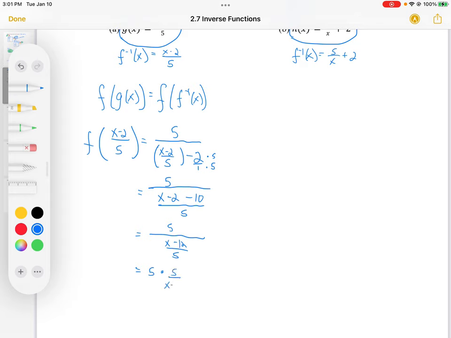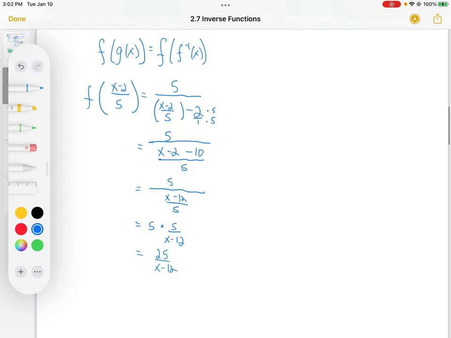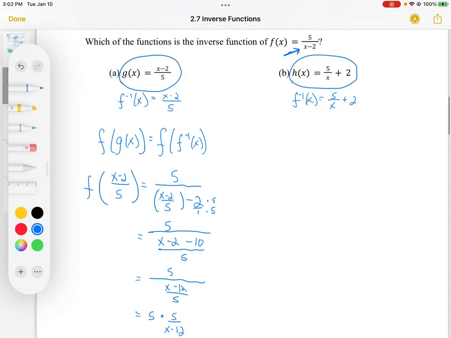So this becomes 5 times 5 over x minus 12, which simplifies to 25 divided by x minus 12. Well, that certainly doesn't look like x. So this does not look like the inverse function. Just put a little frowny face right there.